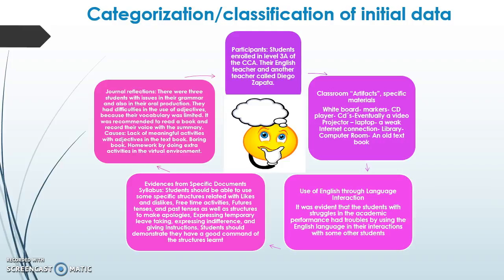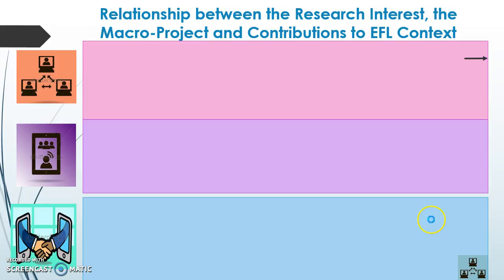Among the causes, there is one that I think was the most appropriate for this situation: there was a lack of meaningful activities with adjectives in the textbook because the book is boring. So I decided to ask them to do a kind of homework by doing extra activities in the virtual environment as an introduction to the use of these personal learning environments.